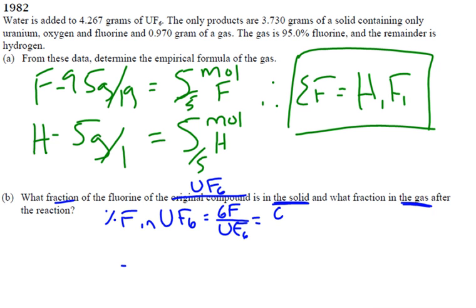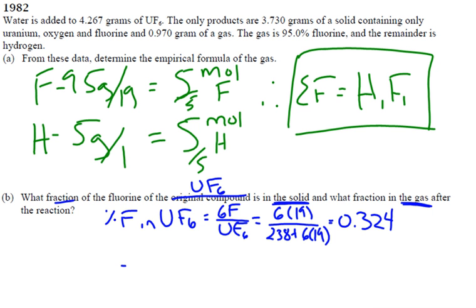So this is 6 times 19 divided by 238, because that's uranium, plus 6 times 19 again for the fluorine. And that's going to give us our percent composition of fluorine in uranium hexafluoride. Multiply or divide this out, we get 0.324.